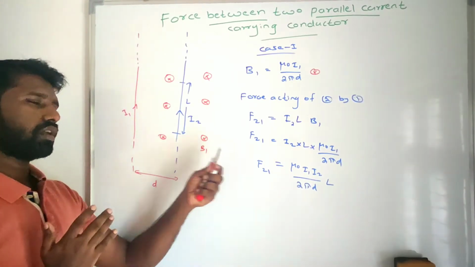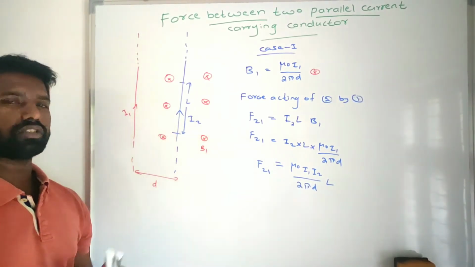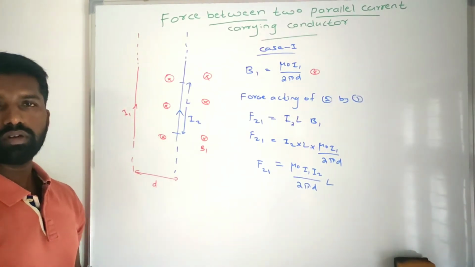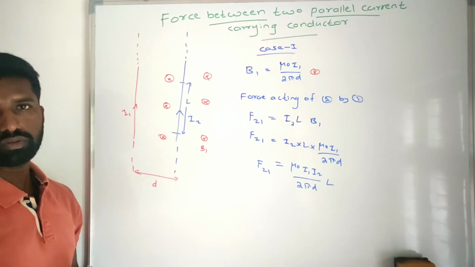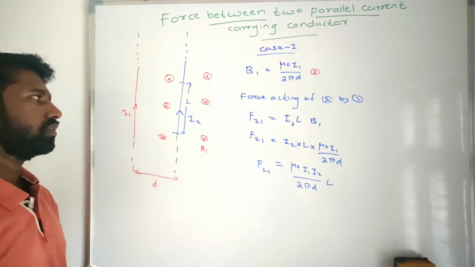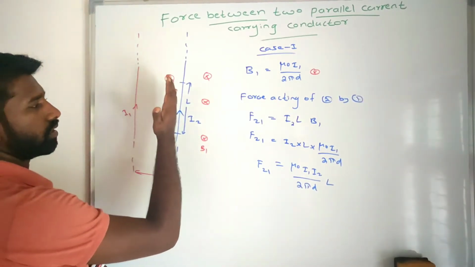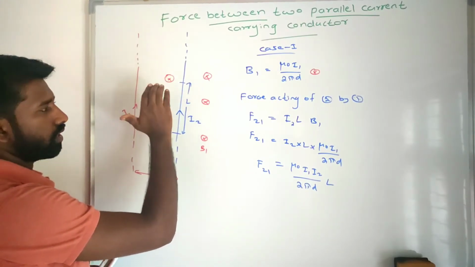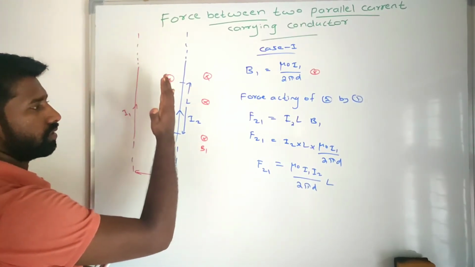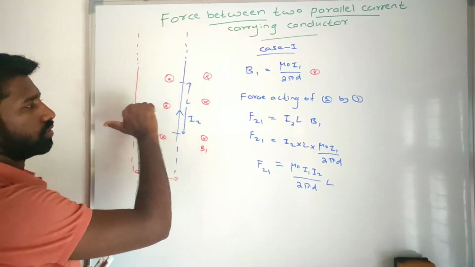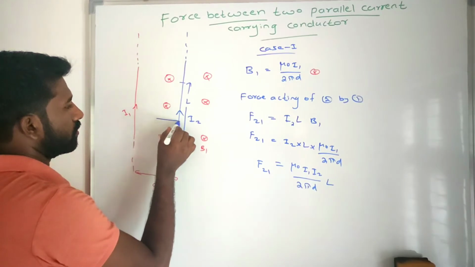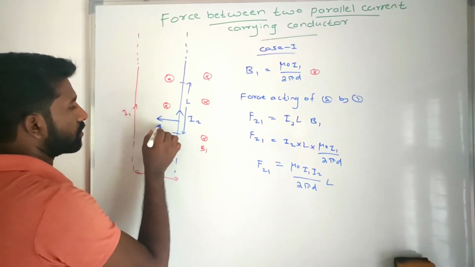Okay, what is the direction of this force? This force direction can be found by using Fleming's left hand rule or the right hand rule. How will you apply the right hand rule? Place your right hand in the direction of current and curl towards the magnetic field direction like this. So I place my right hand in the direction of current and curl it. So I will get the magnetic force direction like this.